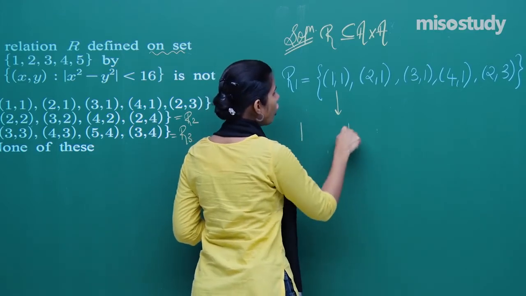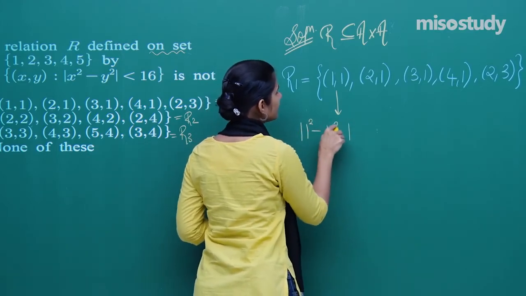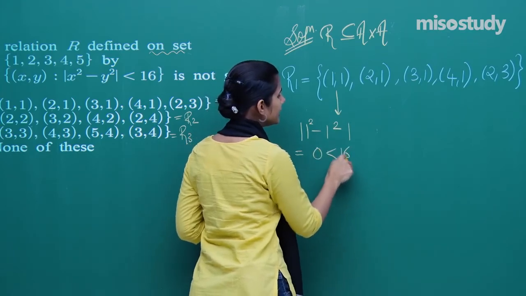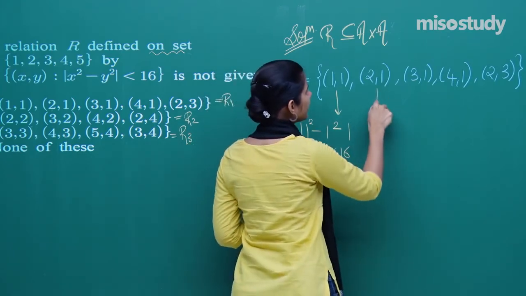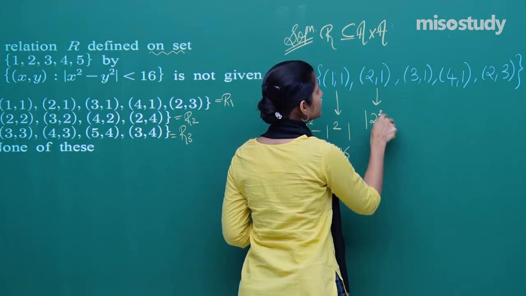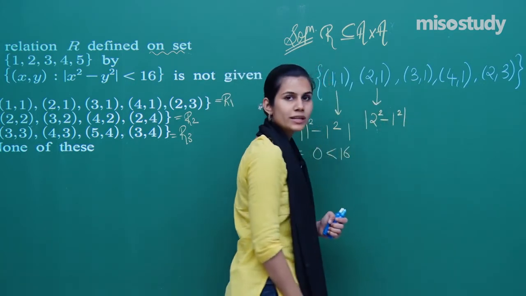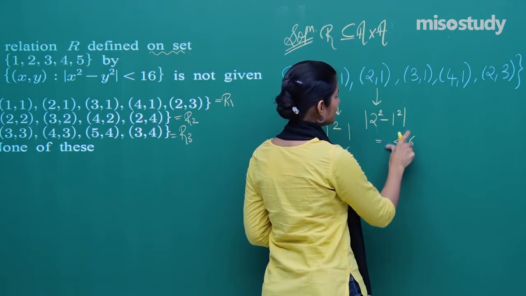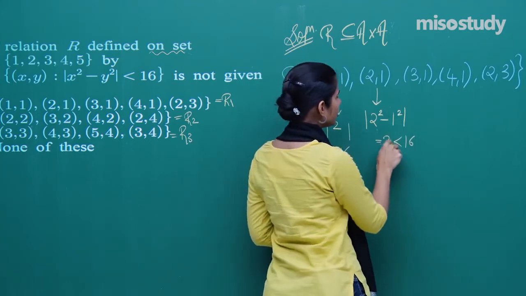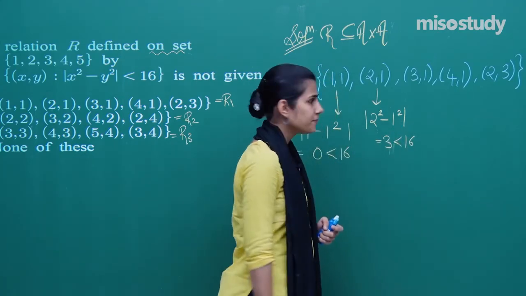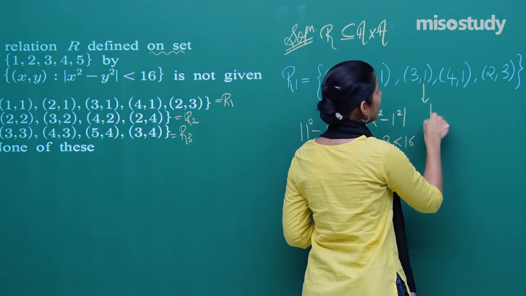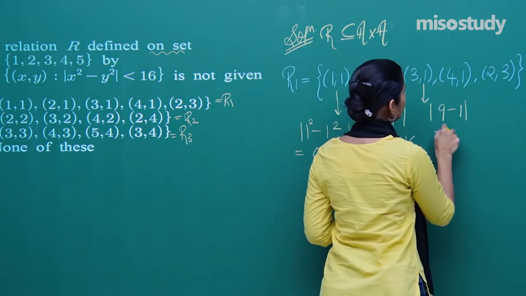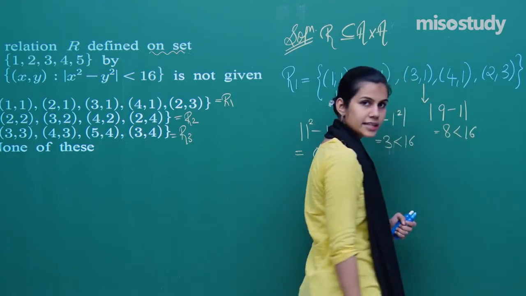Well, modulus of difference of their squares. This is nothing but 0, which is definitely less than 16. If you pick up this you get modulus of 2 square minus 1 square, which is 4 minus 1, that is 3, which is again less than 16. If I move to the third ordered pair, I get modulus of 3 square minus 1 square, which is 8, less than 16.